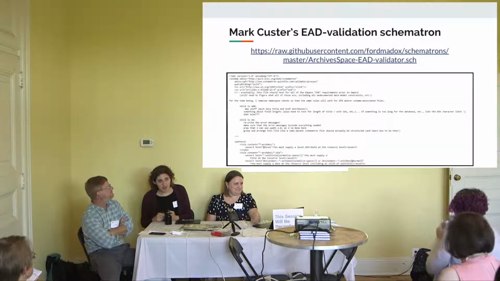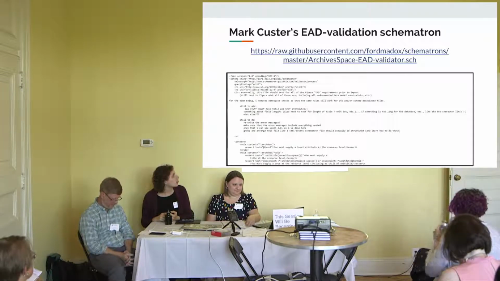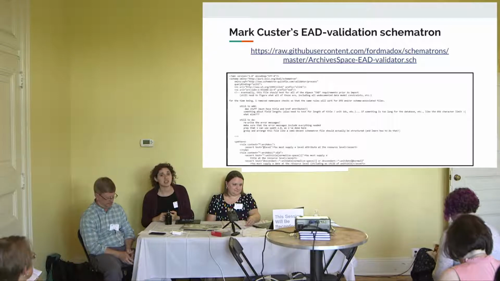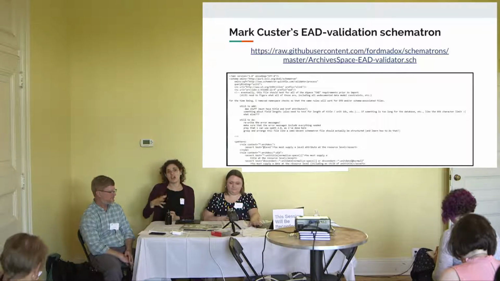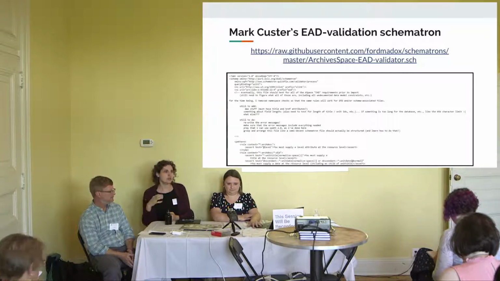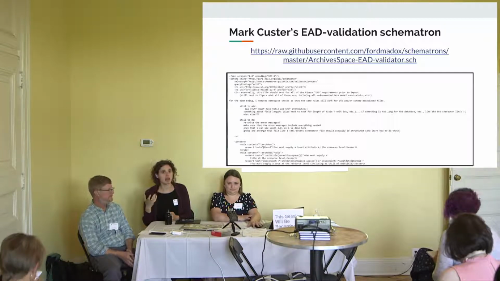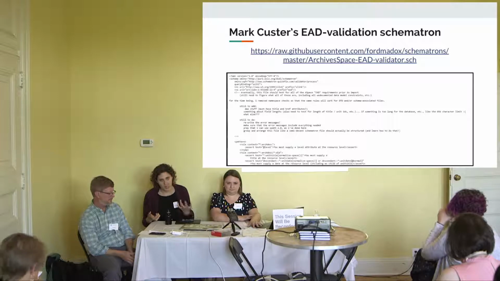You're smart. You can figure it out. If you can't figure it out, here's another really useful tool. Mark Custer developed an EAD validation Schematron, and I'll talk about how to use this in a moment. But basically, you validate all of your files against this, and it will translate some of the common errors into something that is human readable, so that you can understand what's going on.